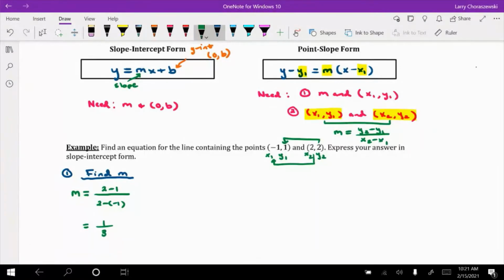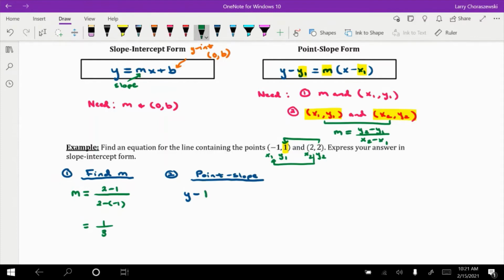All right, so that's the first step. The second step in this conveyor belt process is to plug any information you can into the point slope version of the line. Remember, it's y minus y1, and our value of y1 is +1.